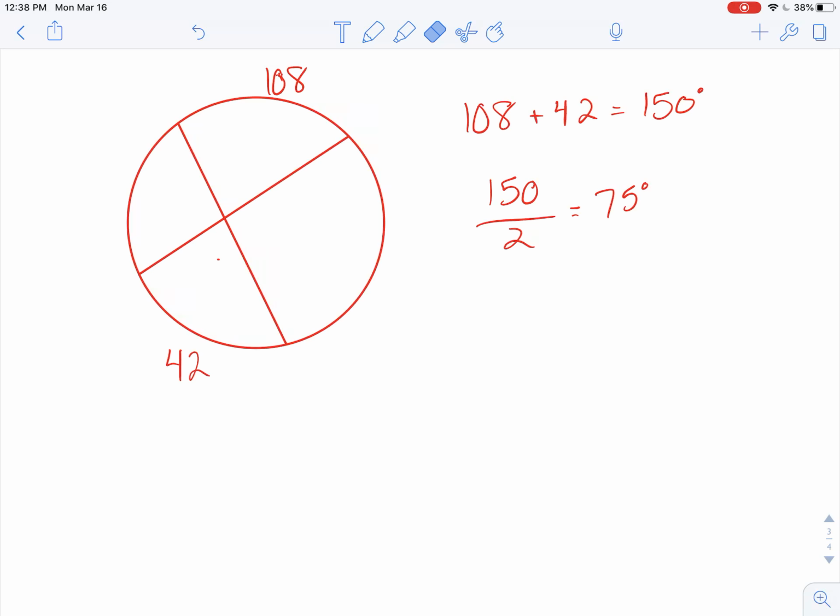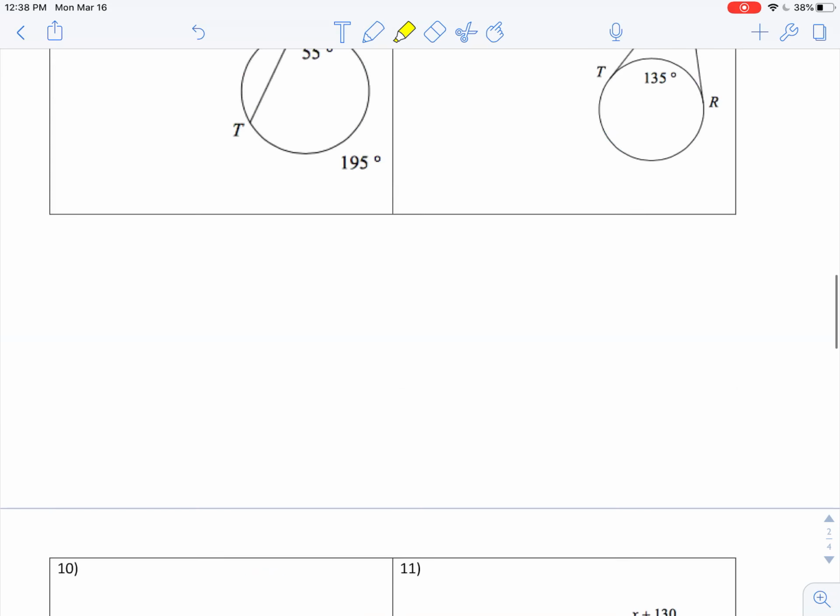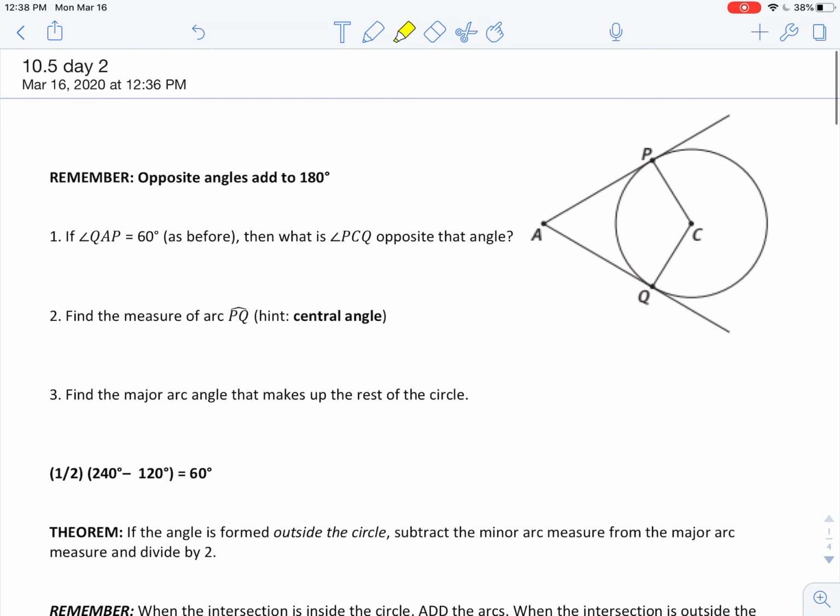So our two vertical angles that intercept these arcs were 75 and 75. So yesterday, our angles were inside the circle, so we added them together. And today we're going to look at what happens when our angles form outside the circle.